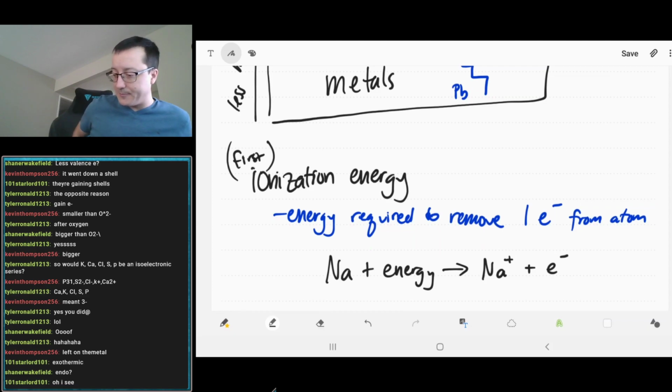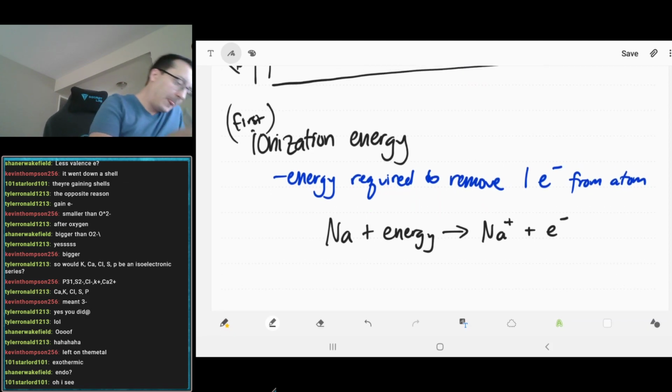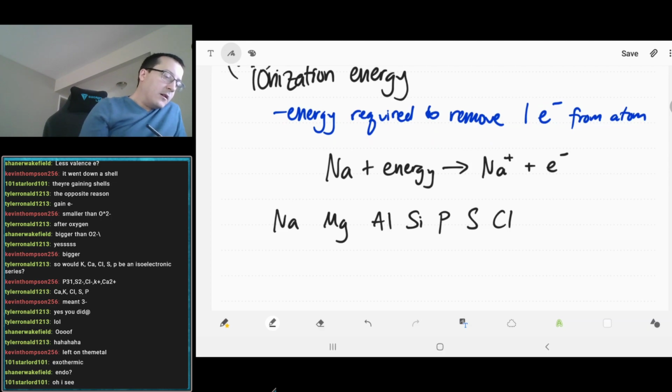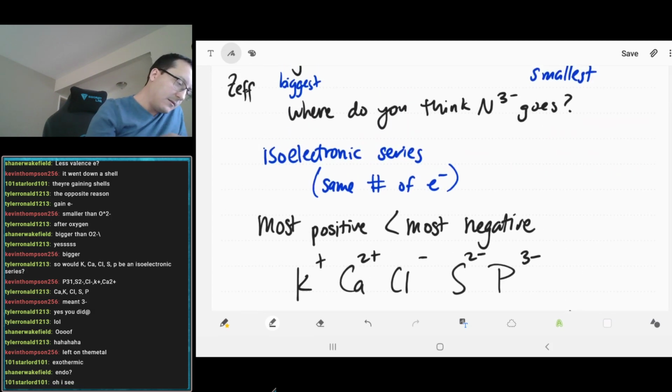It turns out, if we think about how atomic size is related here, we saw sodium and then magnesium and aluminum, silicon, phosphorus, sulfur, chlorine. What were the atomic radii for this?